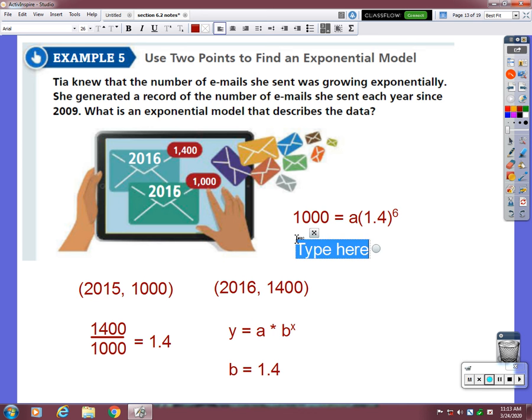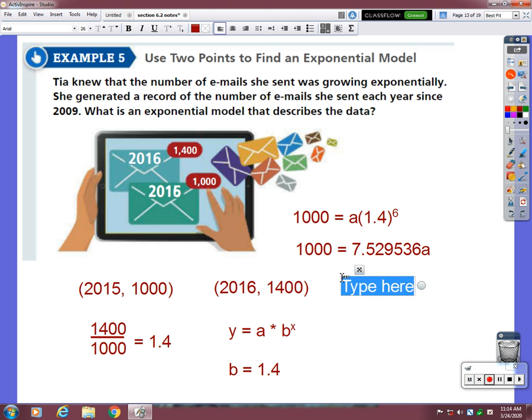Okay? So in order to solve for a, I need to figure out what 1.4 to the 6th is. On my calculator, 1.4 to the 6th power is 7.529536. That's still times a.